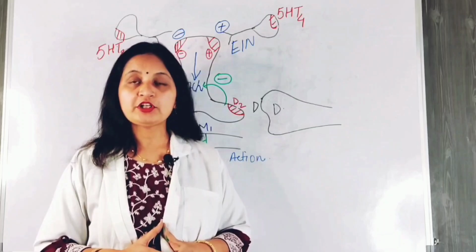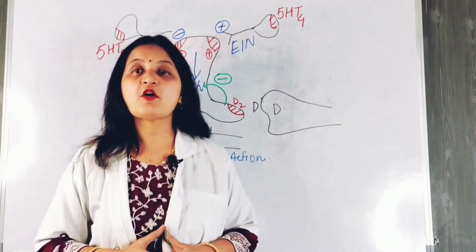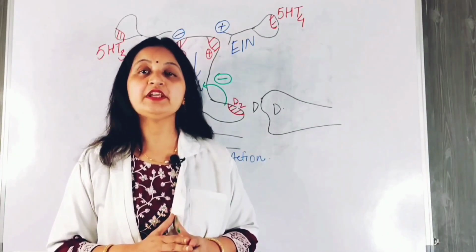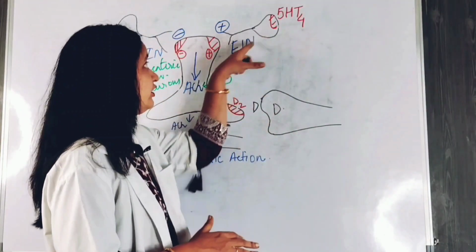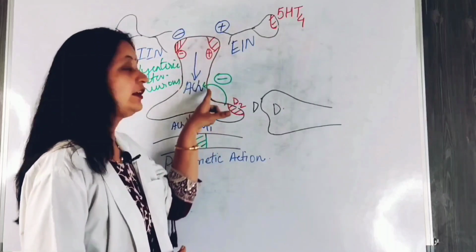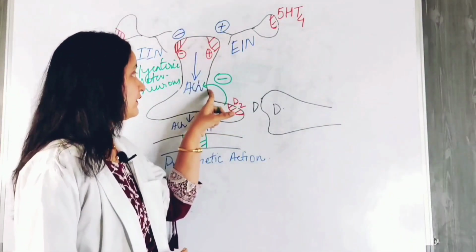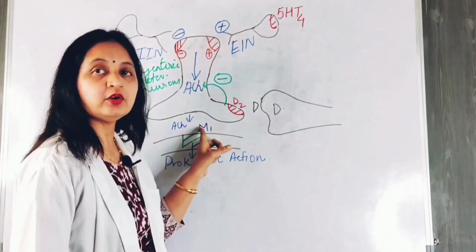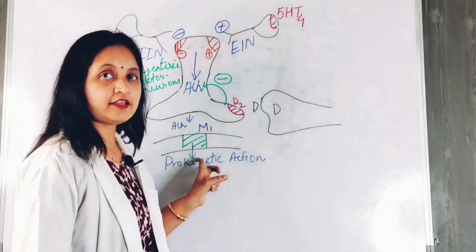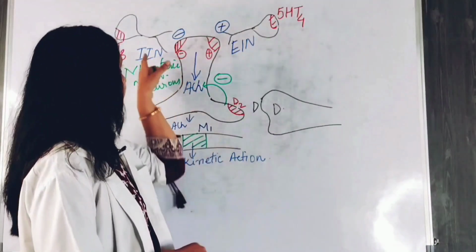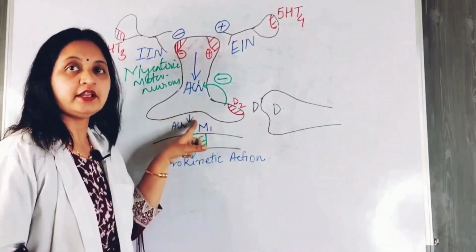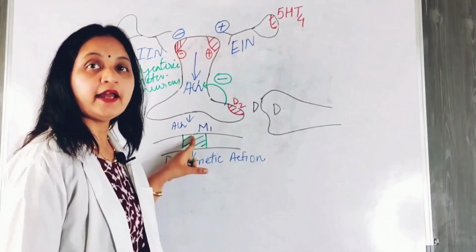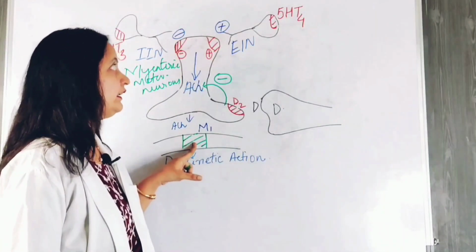Secondly, the myenteric motor neurons interact with two types of interneurons, that is excitatory interneurons and inhibitory interneurons. The excitatory interneurons stimulate the myenteric neuronal plexus, and this causes increased release of acetylcholine, which in turn stimulates the gastric motility. Whereas the inhibitory interneurons inhibit the release of acetylcholine into the synaptic cleft, thereby decreasing the gut motility.